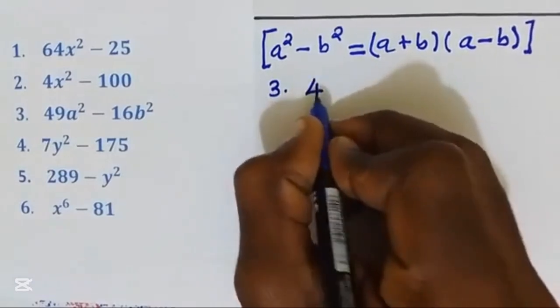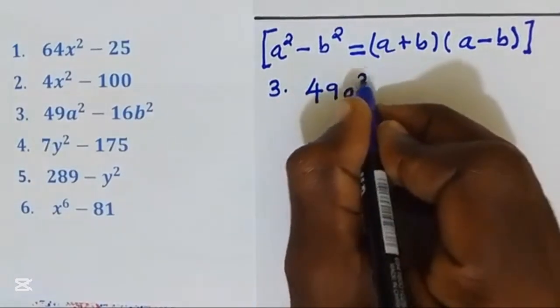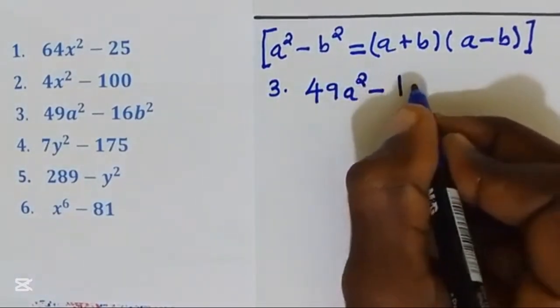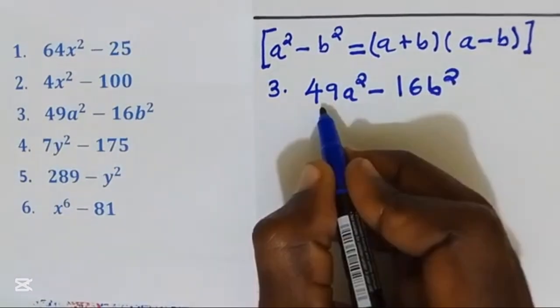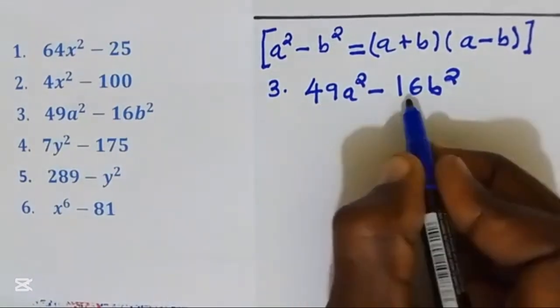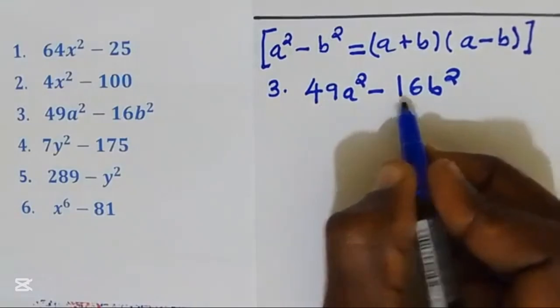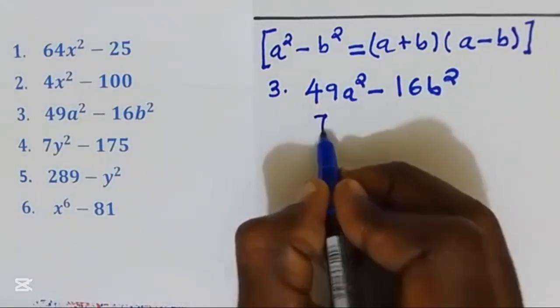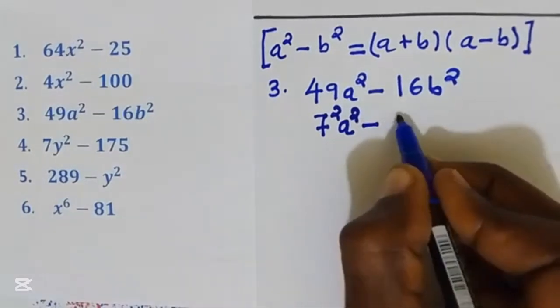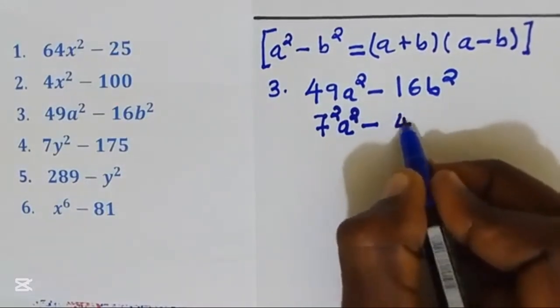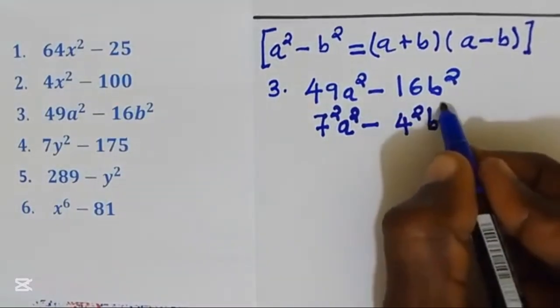We have 49a square minus 16b square. But we can put 49 and 16 in square form. That is going to be 7 square a square minus 16 is the same as 4 square b square.